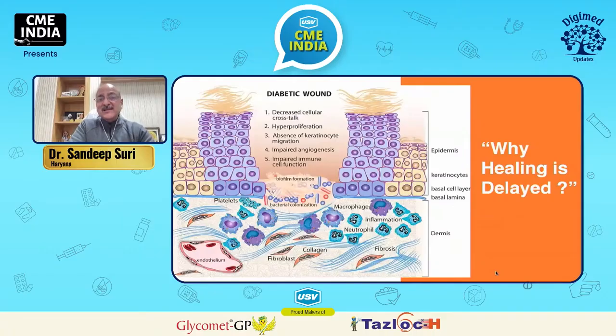There is decreased cellular crosstalk, decreased interaction between the cells, decreased inflammation, decreased proliferation, decreased migration, decreased angiogenesis, decreased extracellular polymeric substance formation, and there is unstable or poor remodeling. There is hyperproliferation, there is absence of keratinocyte migration, impaired angiogenesis, and impaired immune cell function. Ultimately, this wound is not going to heal.